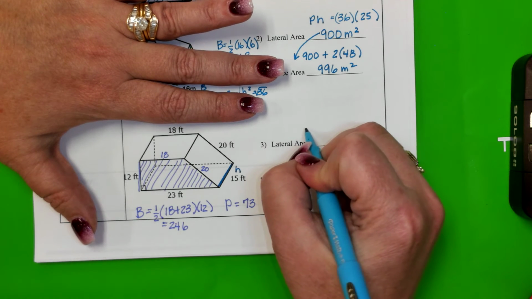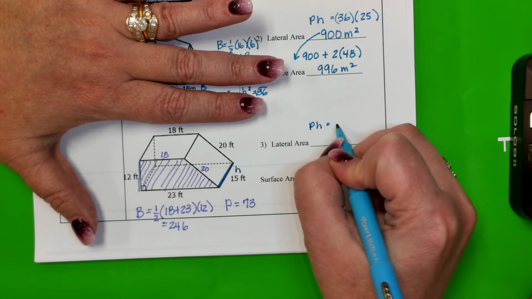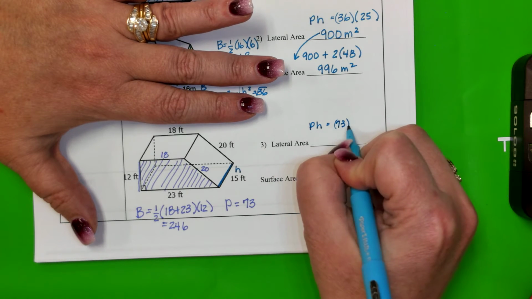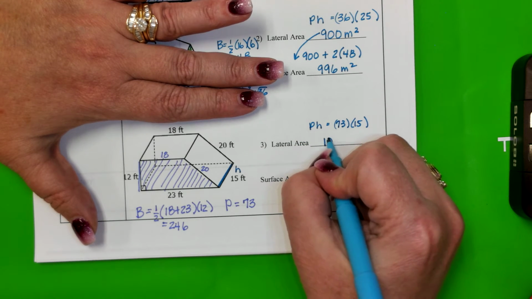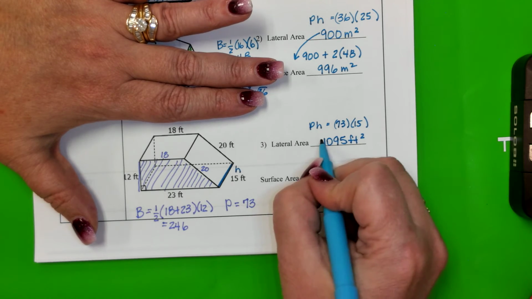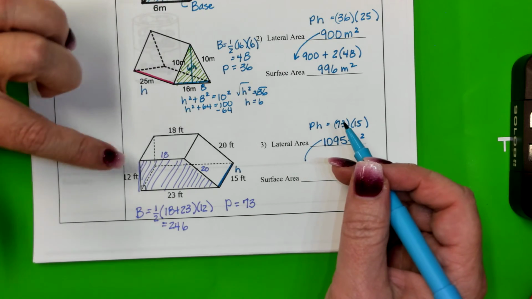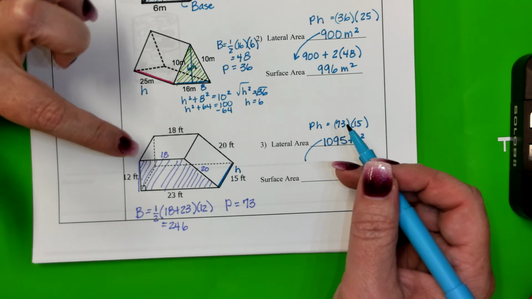So your lateral area is your perimeter of your base times your height. The perimeter of my base is 73. My height is 15. So 73 times 15 is 1,095 feet squared. Take that lateral area, right? That's all of your rectangles. That's your top, your bottom, your right, and your left rectangle. That's just your rectangles.